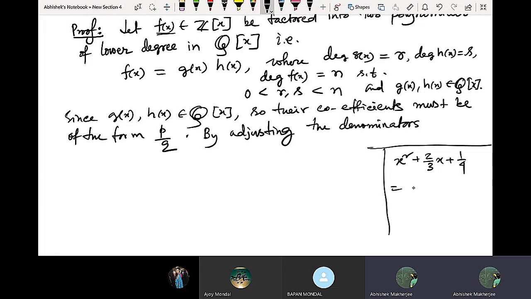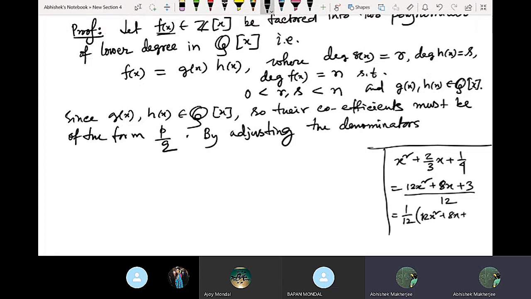Then we can make it 8x plus 3 by 12. Right? 12x square plus 8x plus 3.